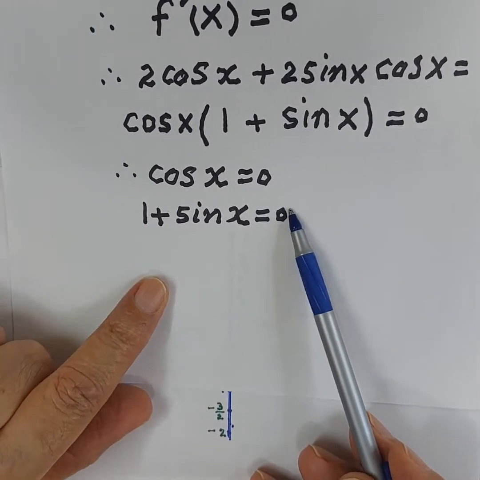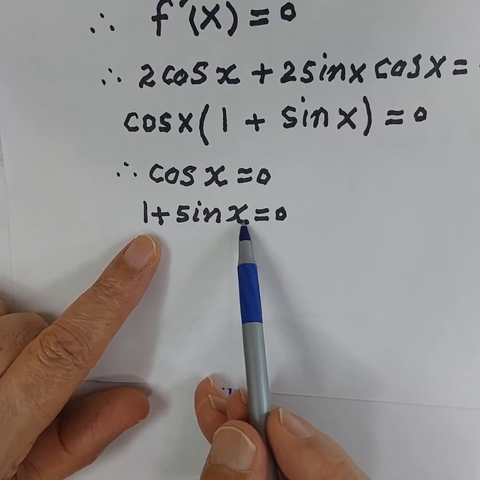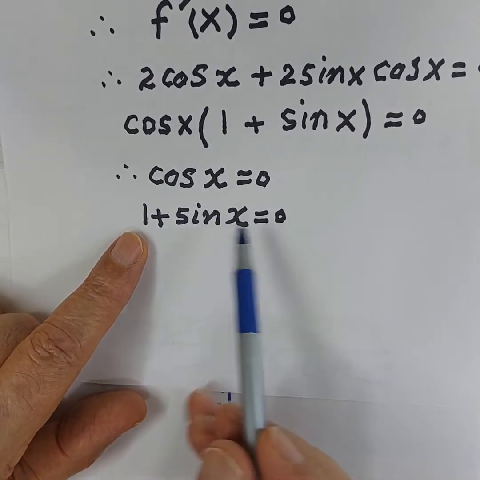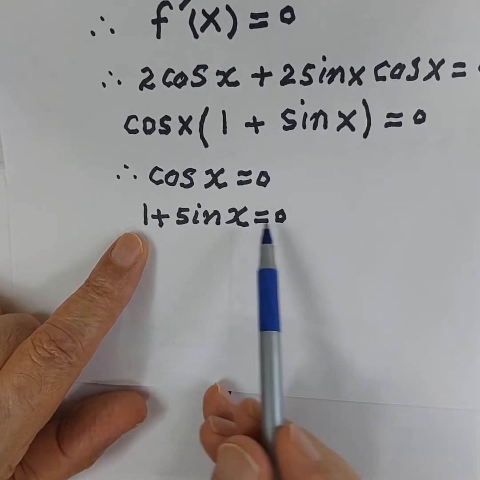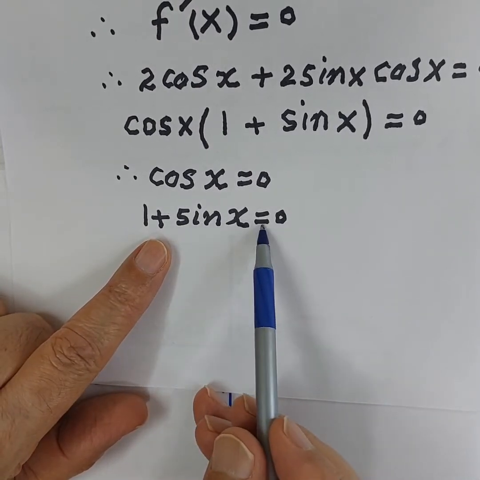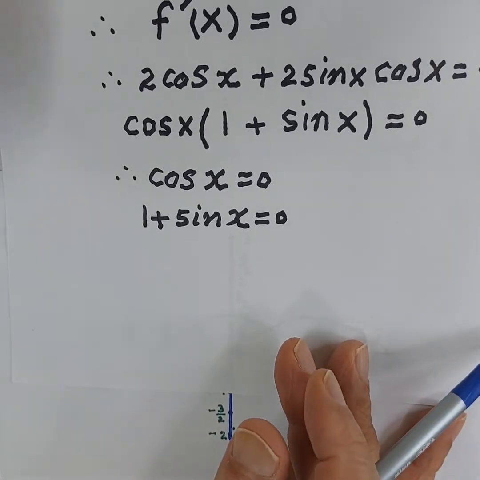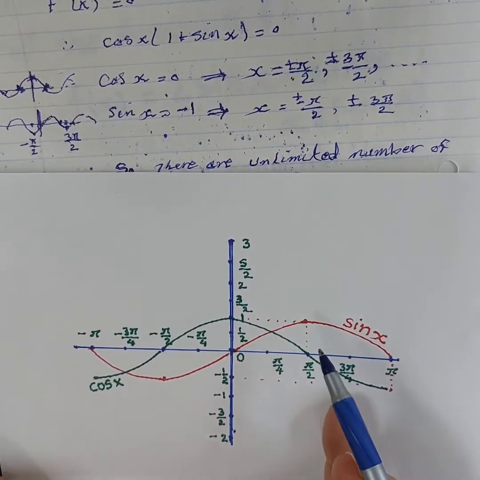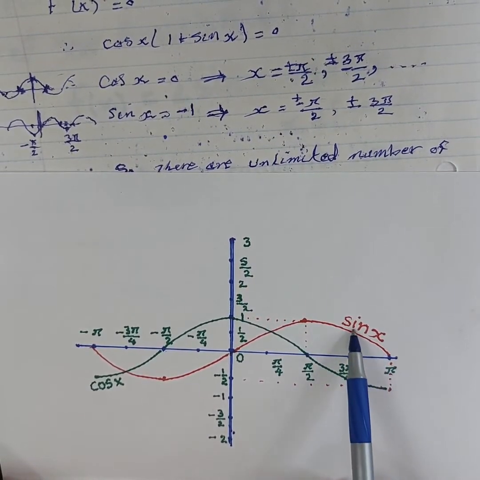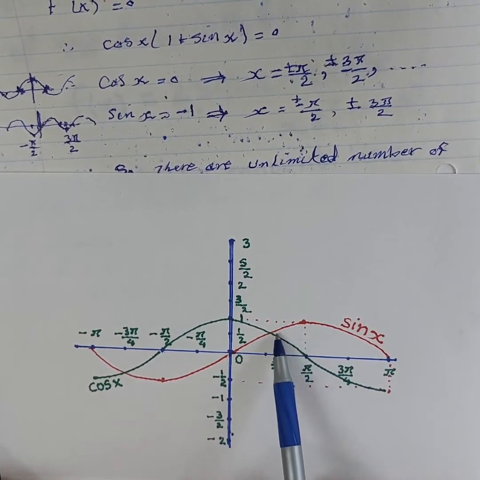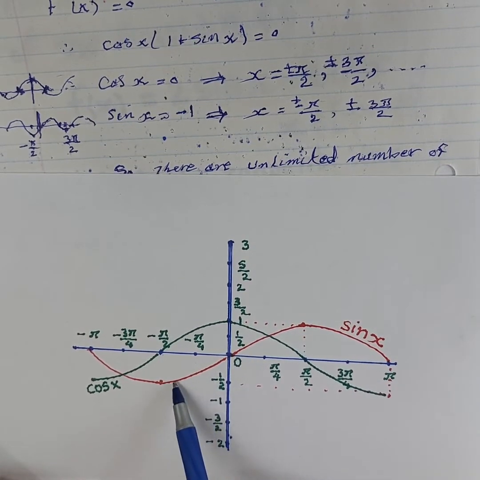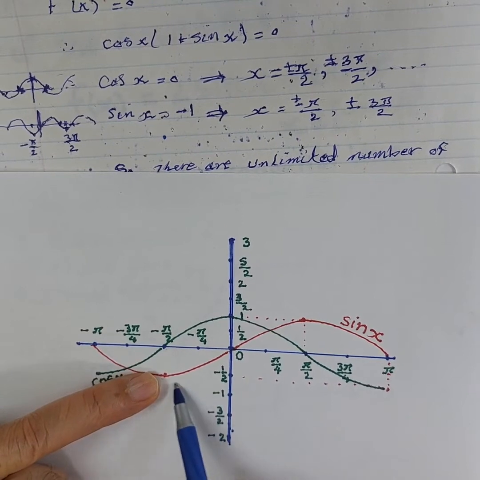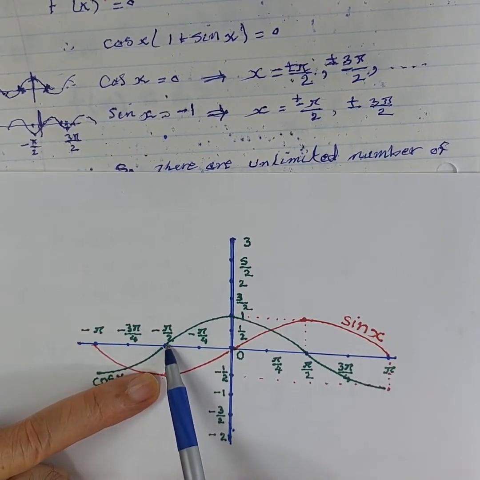So moving 1 to the other side, it will be negative. This gives sine x equal to negative 1. Then we look here at when sine x will be negative 1. Here is negative 1, which should be referred to when x is negative pi over 2.